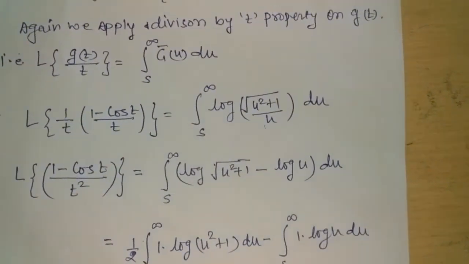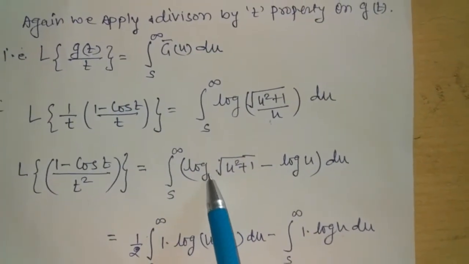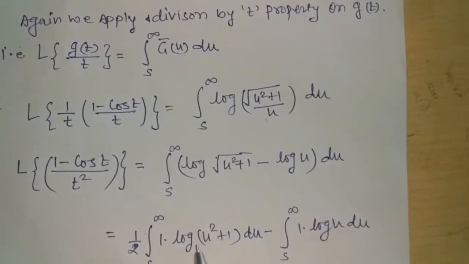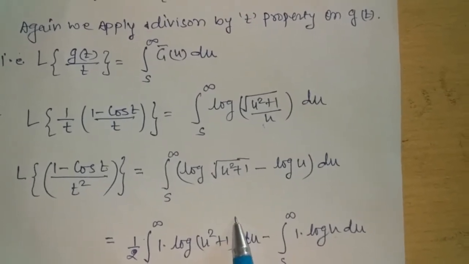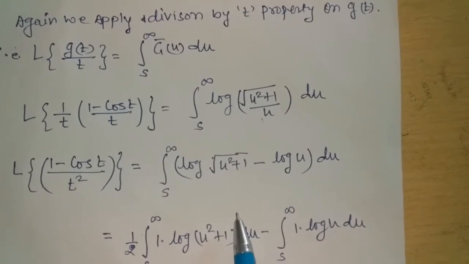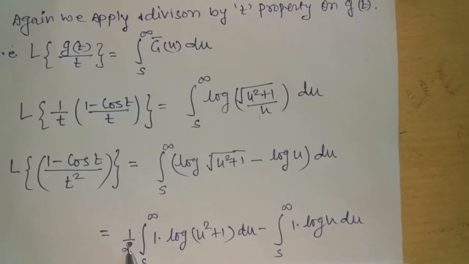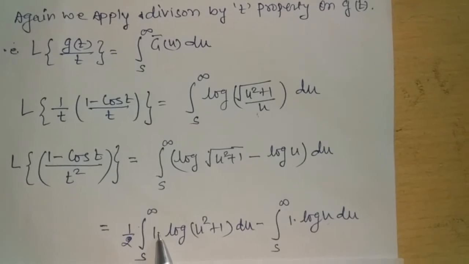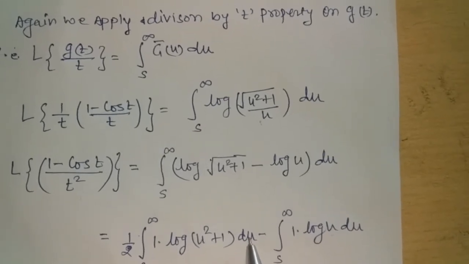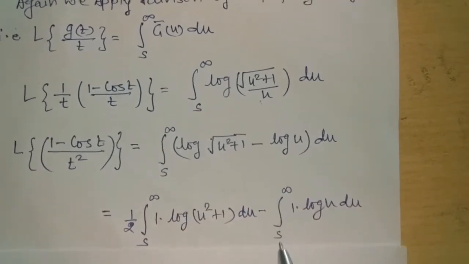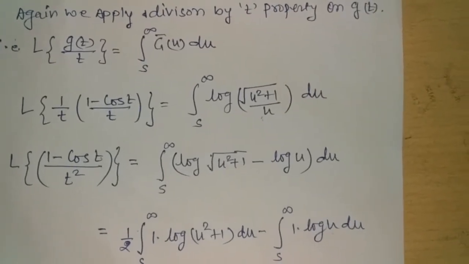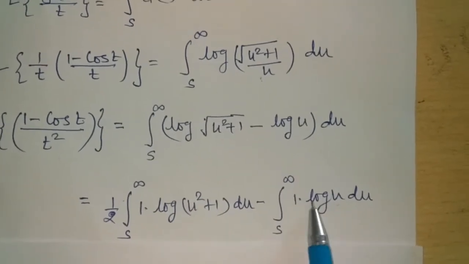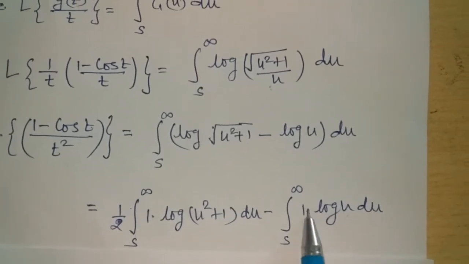First integral is s to infinity log of u square plus 1 power half, since the square root is power half, and using the property of log, the power goes in the multiplication term, we get 1 by 2 integral s to infinity log of u square plus 1 du, minus the second integral, s to infinity log u du. Now we assume these two logarithmic terms are multiplied by 1.